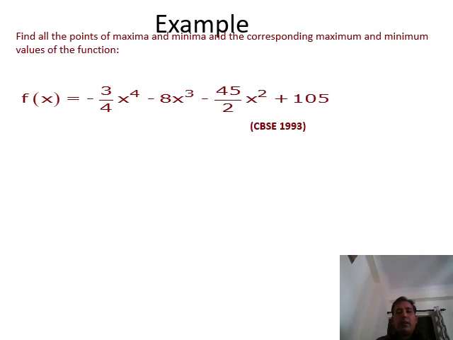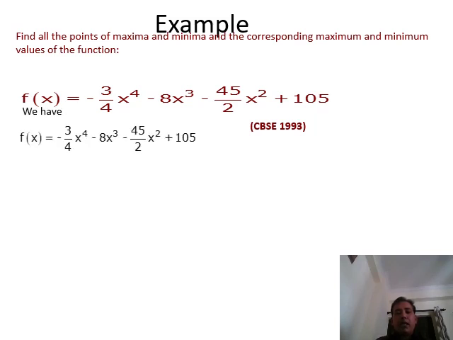Find all the points of maxima and minima, and the corresponding maximum and minimum values of the function f x equal to minus 3 upon 4 x power 4 minus 8 x cube minus 45 upon 2 x square plus 105.